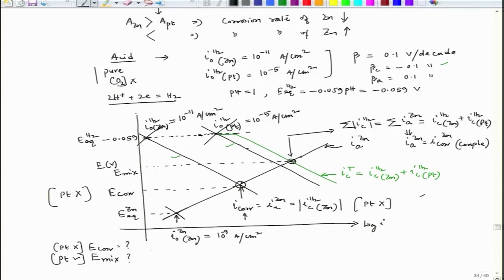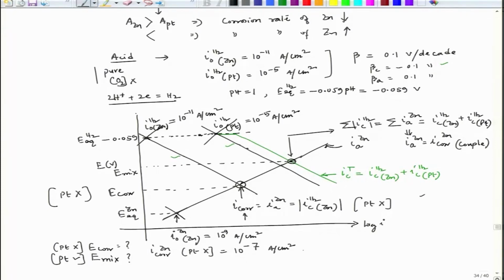And the value I corr of zinc when platinum is not present is given as 10 to the power minus 7 ampere per centimeter square. This is an arbitrarily chosen value.